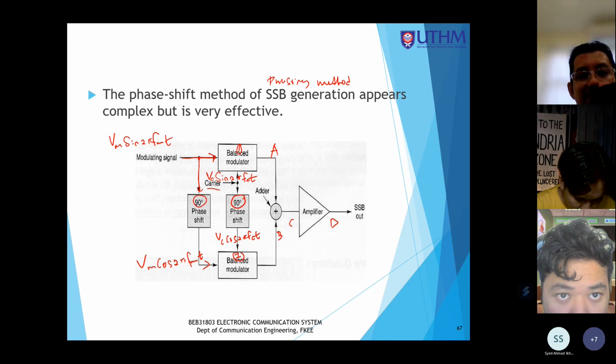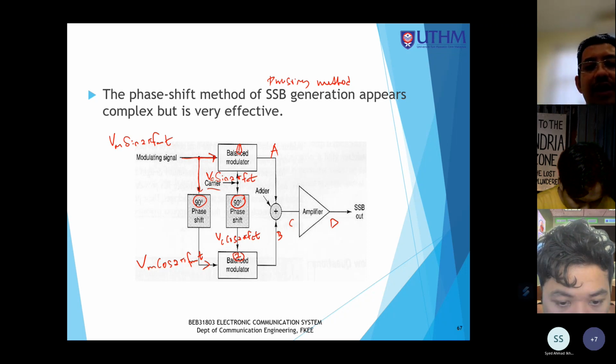Okay. So kemudian kalau kita lihat untuk keluaran A, output pada point A adalah bersamaan dengan, saya buat ke atas sikit. Okay, keluaran daripada point A adalah keluaran daripada balance modulator yang pertama.